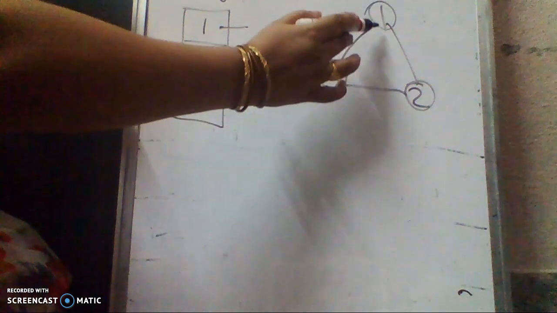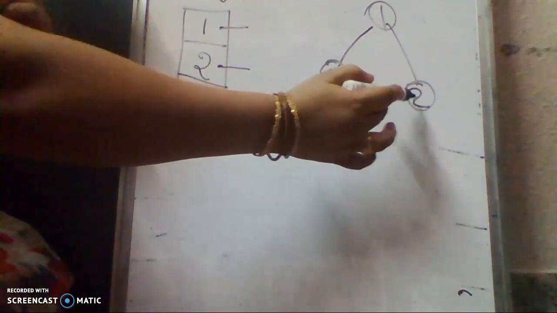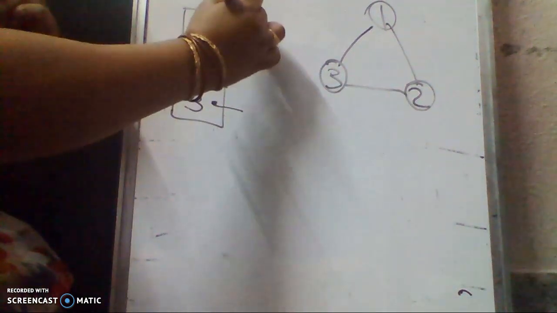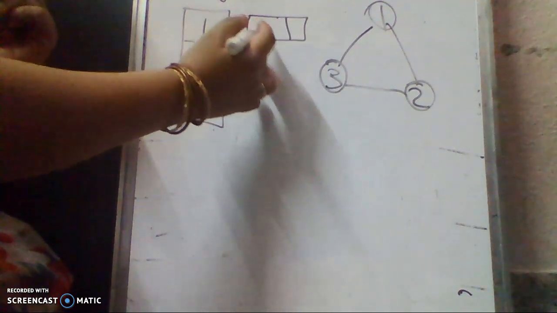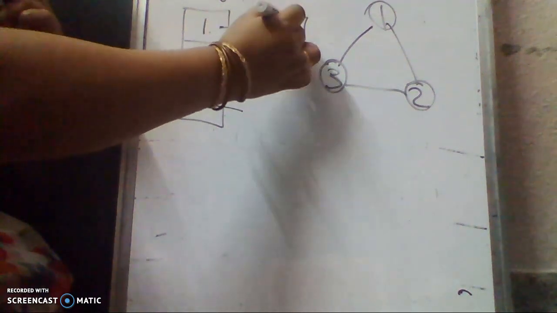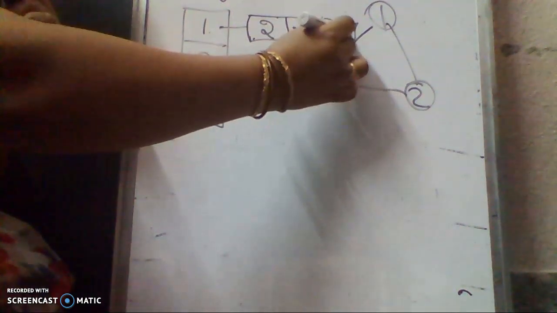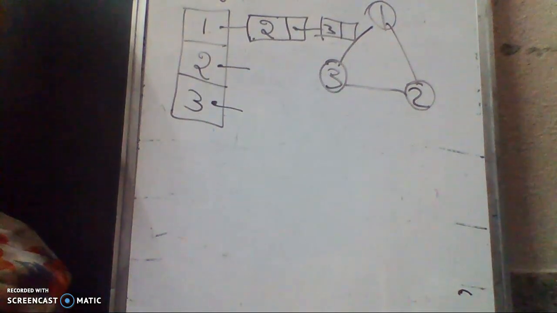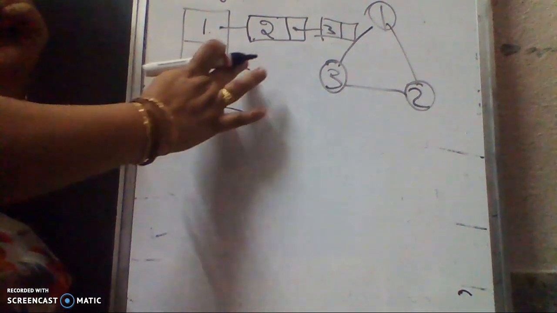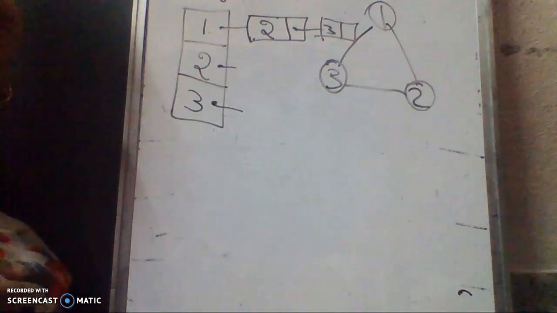Now we'll check the adjacents of each vertex. Vertex 1 has two adjacents, 3 and 2. So we will add two nodes to this list: 1 is adjacent to 2 and 1 is also adjacent to 3, so we create the two nodes 2 and 3. Now we'll create the nodes for vertex 2.